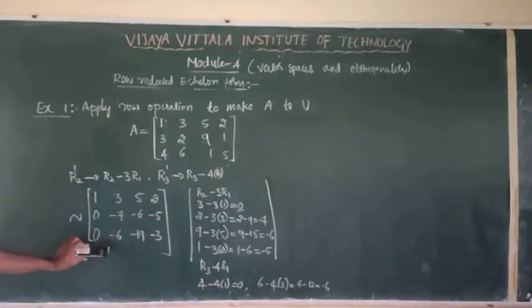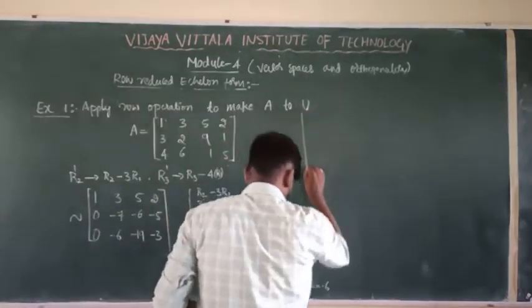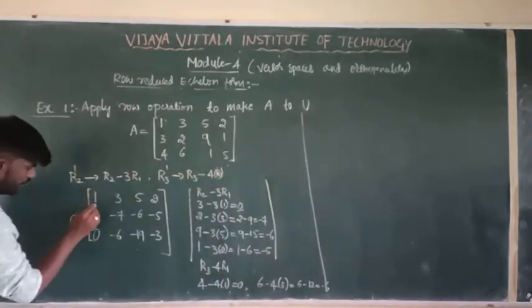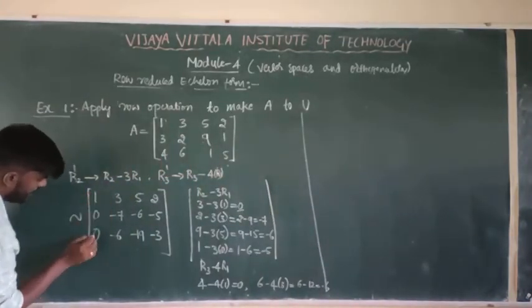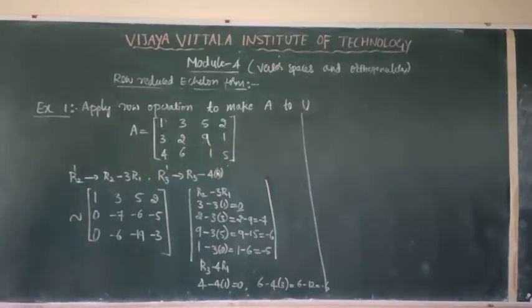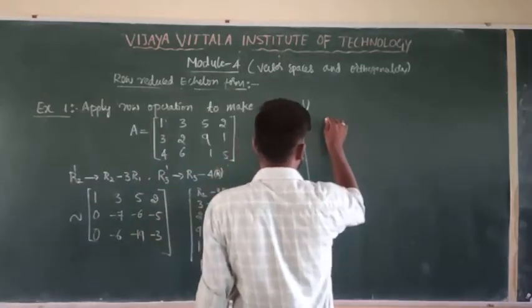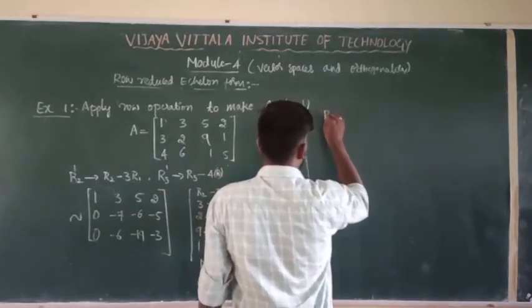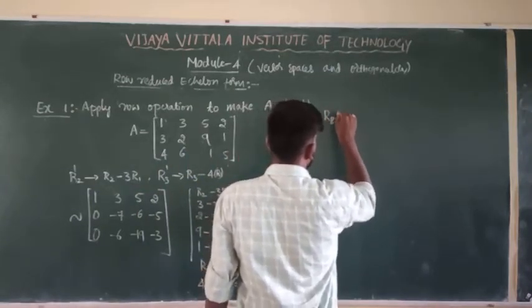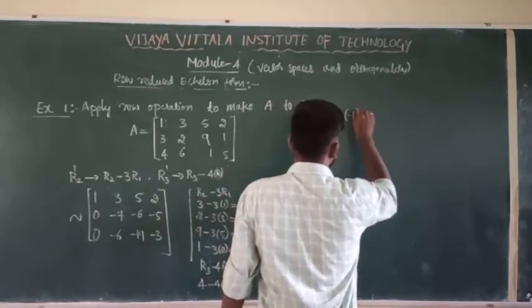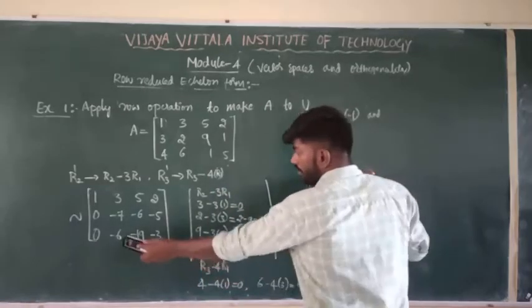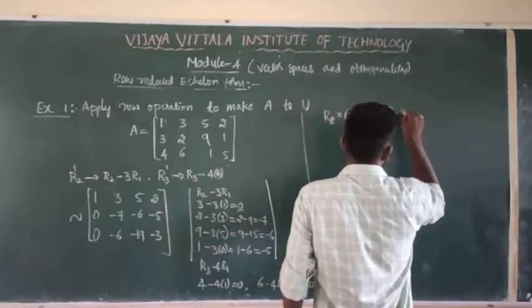This is the matrix. Next, below this element we make 0. For simplification purposes, we multiply these two rows by minus 1. The operation is R2 multiplied by minus 1 and R3 multiplied by minus 1.